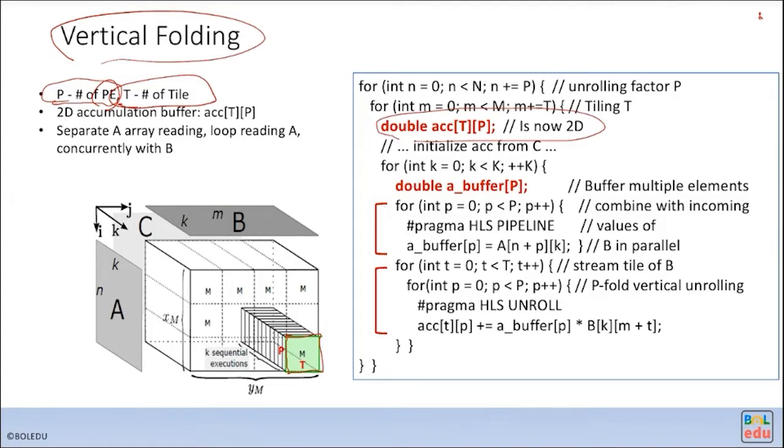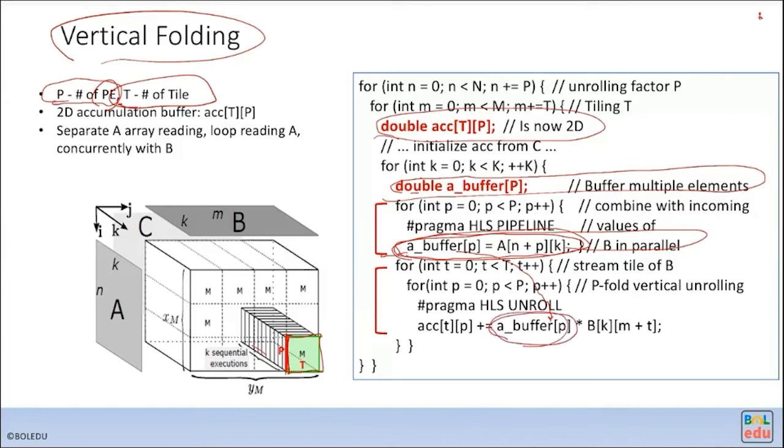Since there are P processing elements, for each processing element you have A buffers. Here you try to cache P rows, only one element from each K dimension. You cache these A buffers, and the A buffer will be repeatedly used.